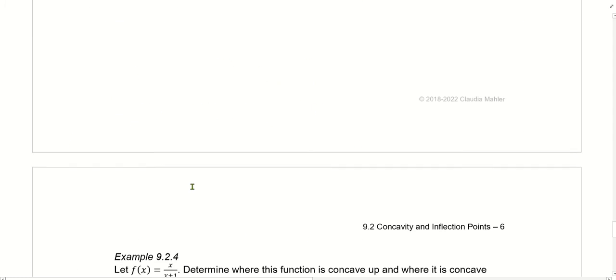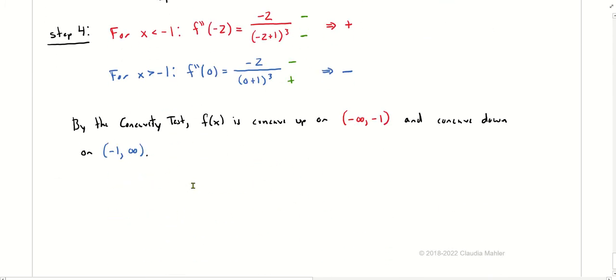It's just a place where the second derivative is undefined. And so it's technically not an inflection point. So I can say also there are no inflection points. So there's my answer for this one.